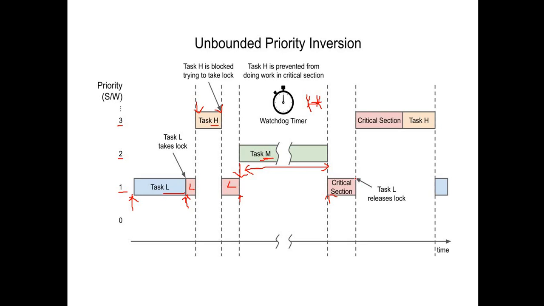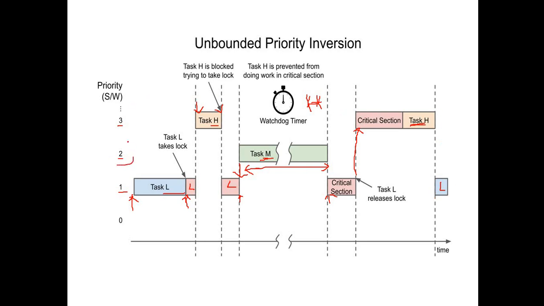After completion of the execution in the critical section, task L releases the lock. Then task H will go for execution in the critical section. Then task H completes the normal execution. Then whatever rest of the execution pending for L is there, it will complete after the task H is completed.